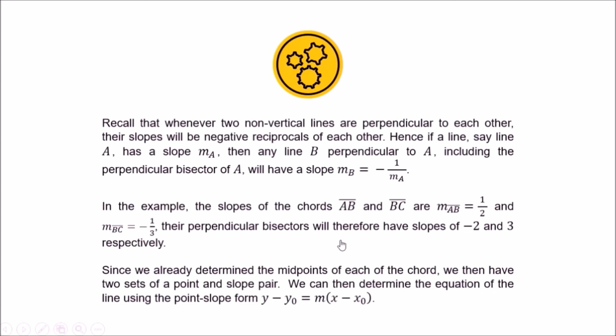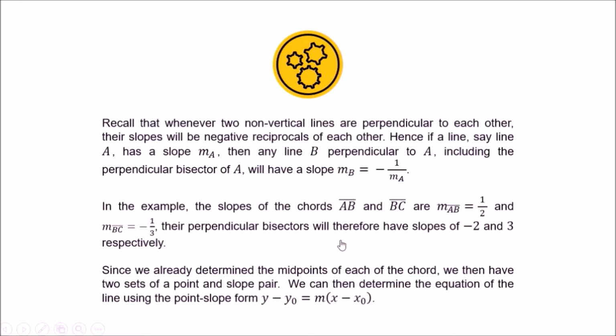In the example, the slopes of the chords AB and BC are m sub AB equals 1/2 and m sub BC equals -1/3. Their perpendicular bisectors will therefore have slopes of -2 and 3 respectively.